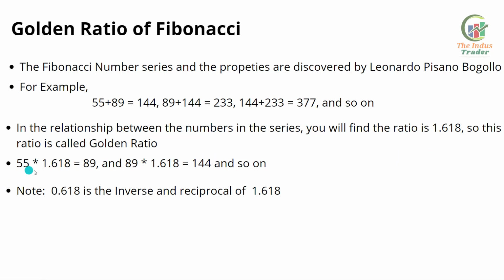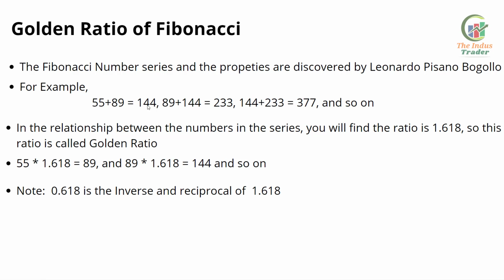So 55 times 1.618 results in 89, and 89 times 1.618 results in 144. That's the reason we call 1.618 the golden ratio. Even 0.618 and 1.618 both we consider as golden ratios, but in different aspects, like one is in the retracement, another one is in the extension. We're going to look at that also, nothing to worry.